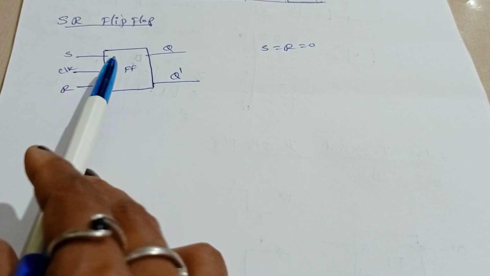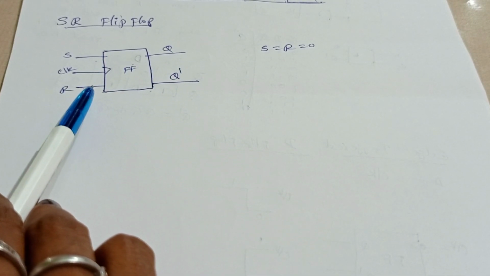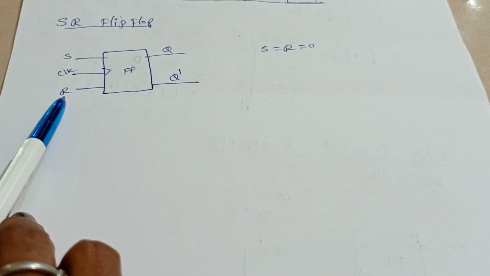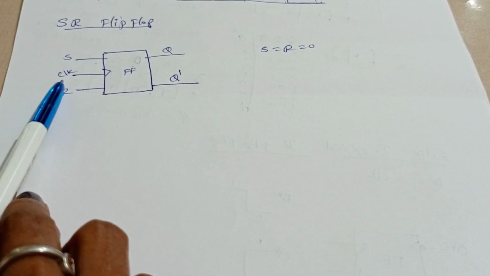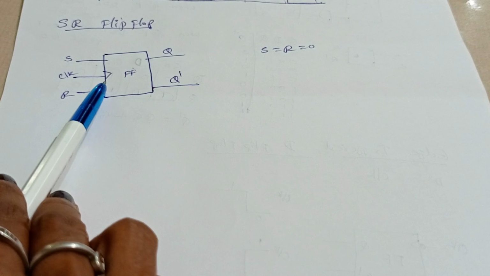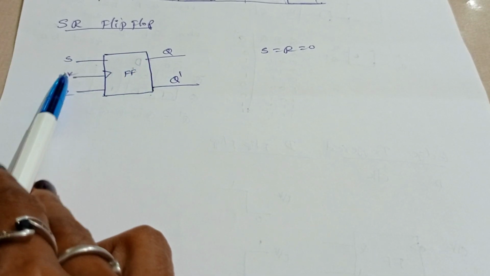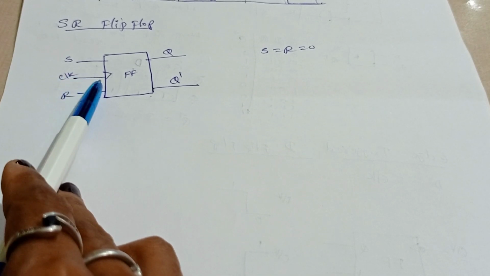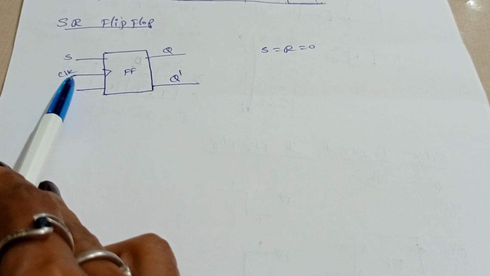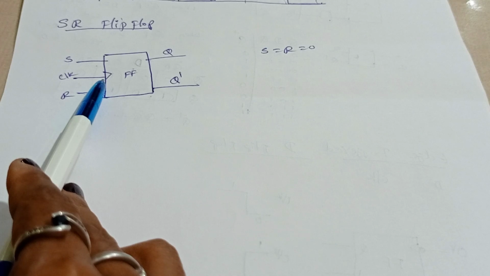The only essential difference between the SR latch and the SR flip-flop is that it has a clock input, and the Q output can change only after an active clock edge. You can consider a rising clock or falling clock edge, that is, rising edge or falling edge trigger.